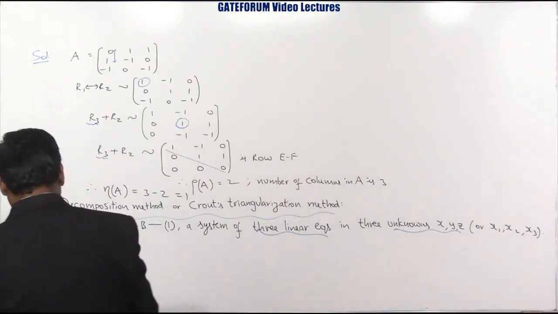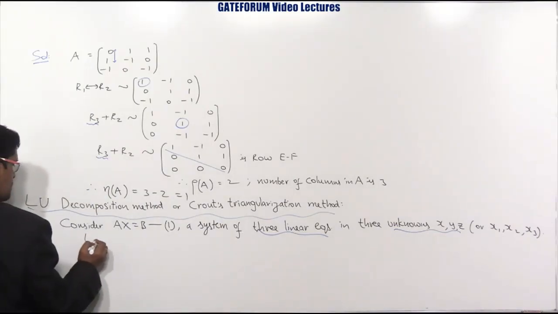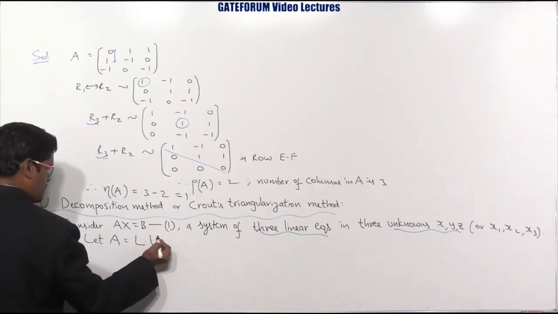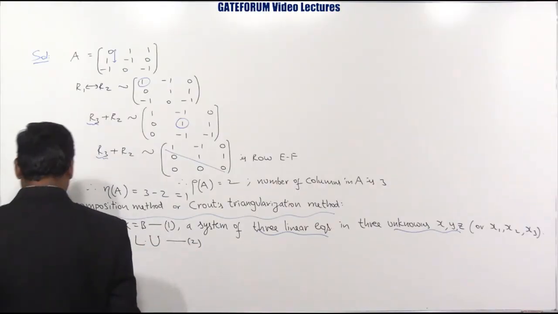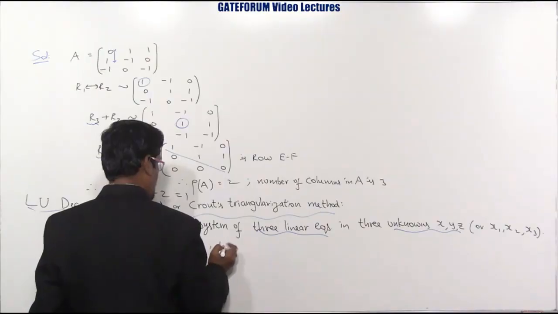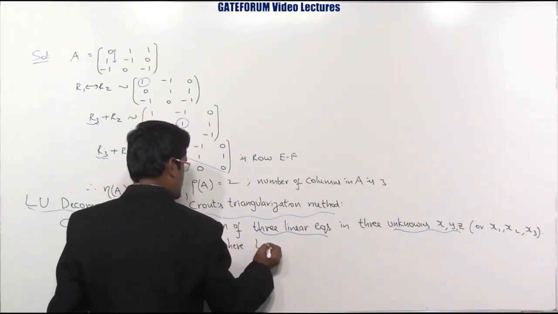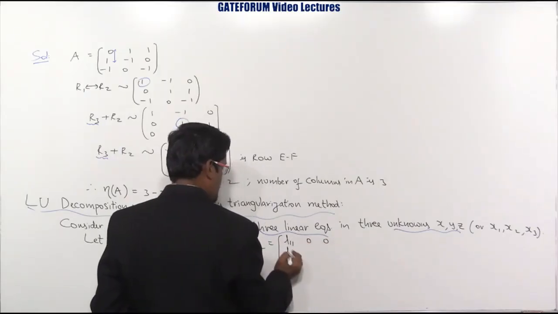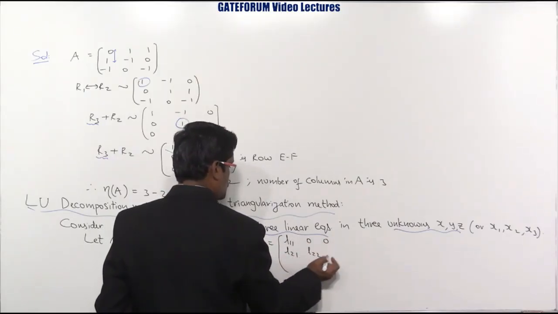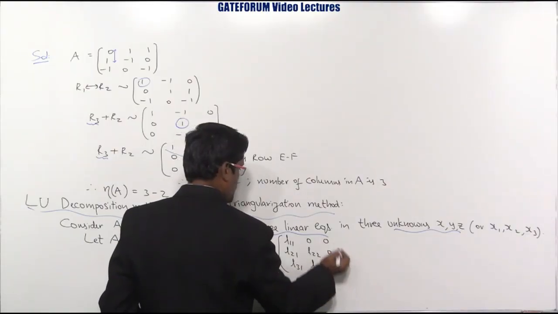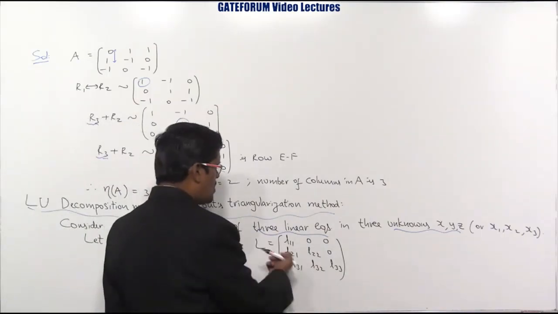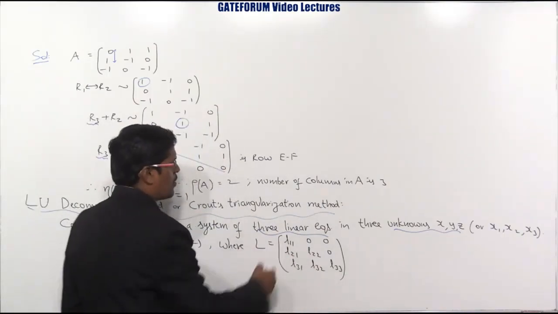Understood? Now, next step, let A = L into U, equation 2, where L is a lower triangular matrix, considering the 9 elements as l11, 0, 0, l21, l22, 0, l31, l32, l33. What is a lower triangular matrix? Elements above the diagonal are 0. The remaining 6 elements are l elements. That's why I put the symbol small l.